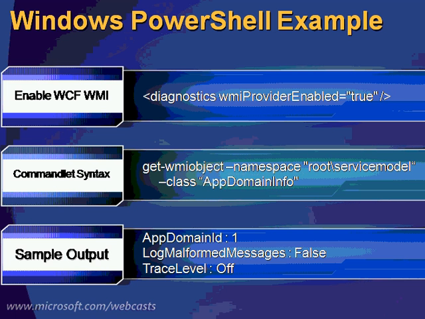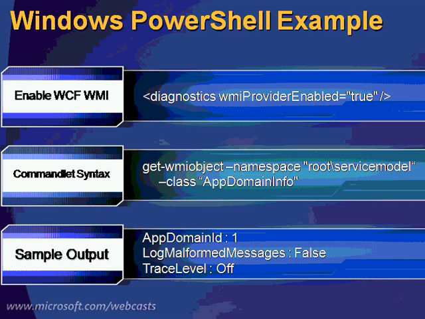The main use of PowerShell in WCF applications is looking at your Windows Management Instrumentation, or WMI stuff. There's a lot of information that gets exposed through the WMI provider, and if we enable that inside of our configuration to basically turn that on, then we can query it inside of PowerShell. Once we get into PowerShell, then we have the prompt that allows us to go out and call different commandlets.